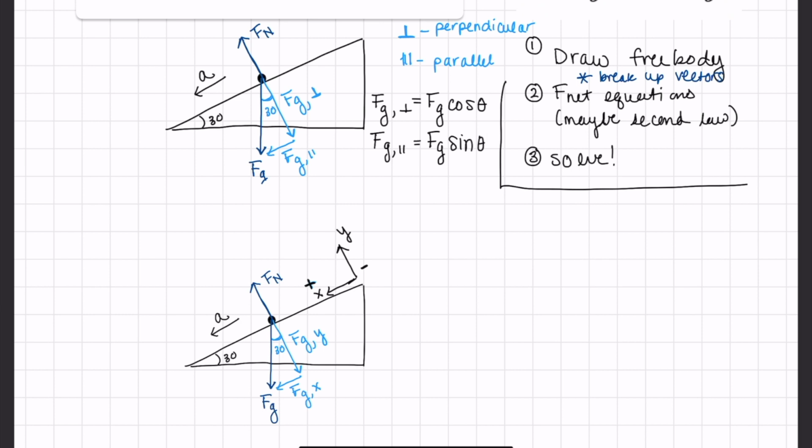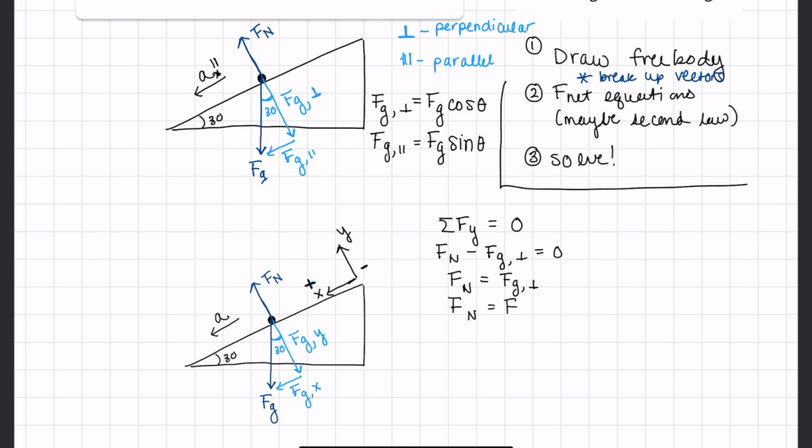We'll use our sum of our forces in the y equals 0, since AY is equal to 0, so technically this would just be an AX or an A parallel. And we have positive normal force minus FG perpendicular equals 0. So normal force equals FG perp if we add that to the other side.